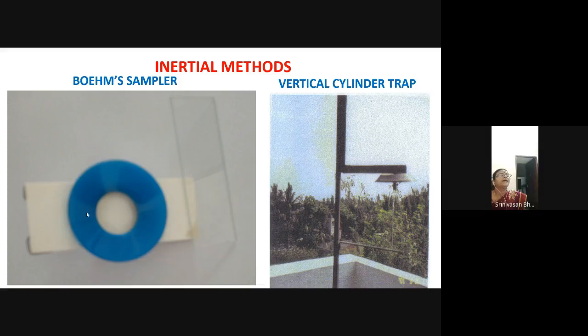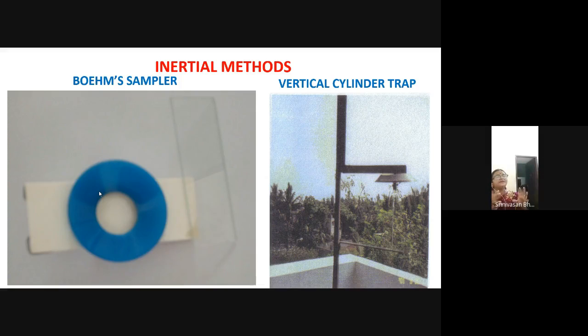There is a plastic clip at the back of the sampler. So this can be kept on the clothes of a person who wants to go for air sampling. For example, if you want a sample, you can just clip it on your sari or any clothes which you're wearing and just move around. Just forget about it and move around.